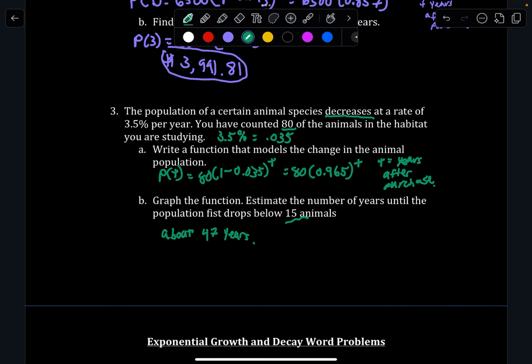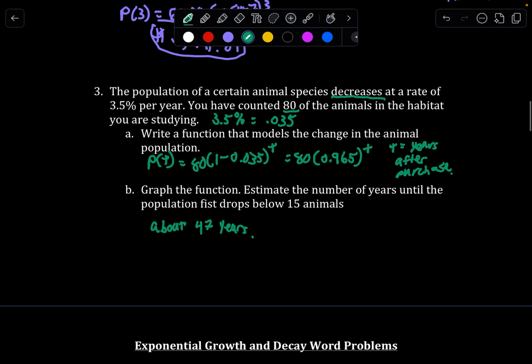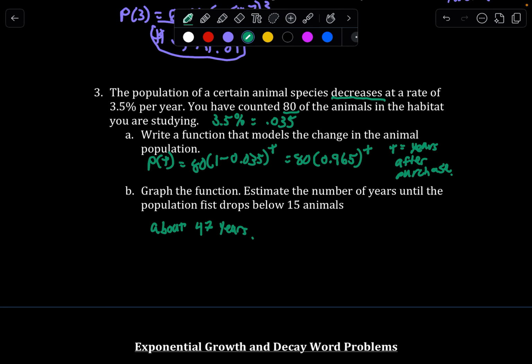And we just look to see when the graph reaches 15, and Desmos is such a great tool. It tells you right off the bat. Trying to graph that by hand would be a pain. Basically what we did was set this equal to 15, and we want to know at what time.